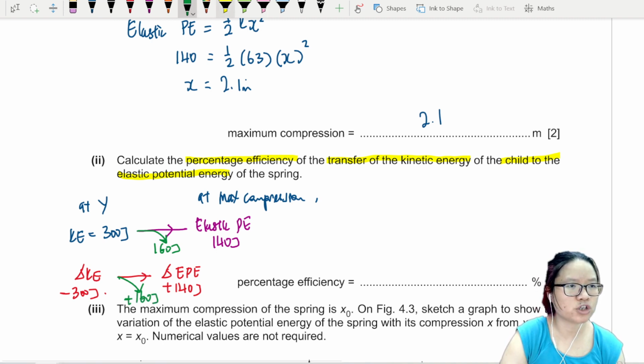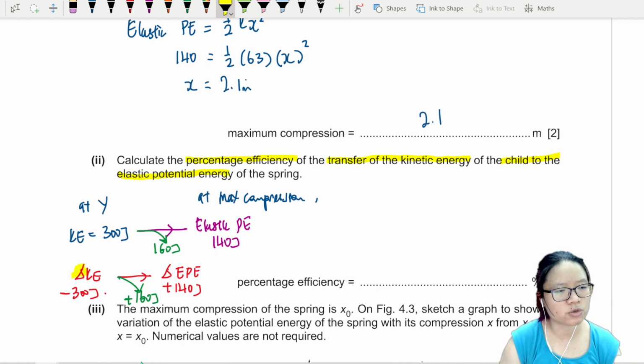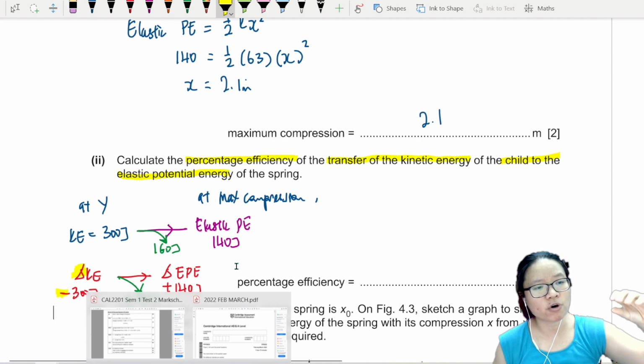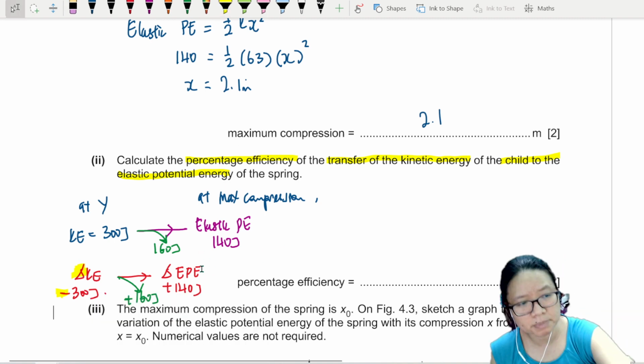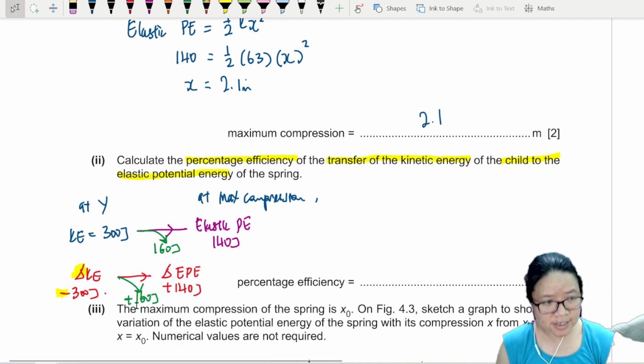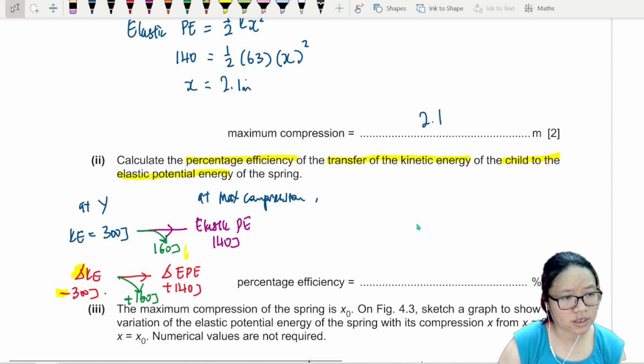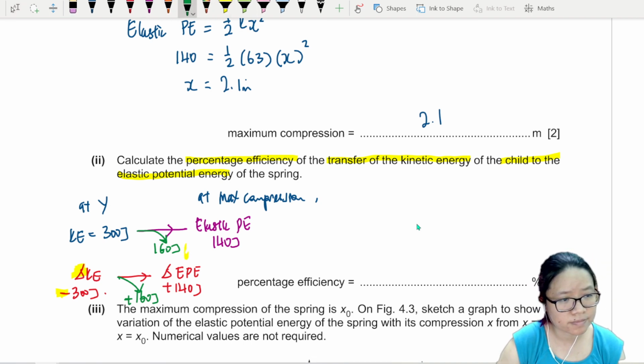Okay, so if I put change, it is helpful for me to include the negative sign to show me that that 300 will drop, 140 will go to elastic PE, 160 will be lost to heat. So this one is lost to friction. Friction steals your energy.